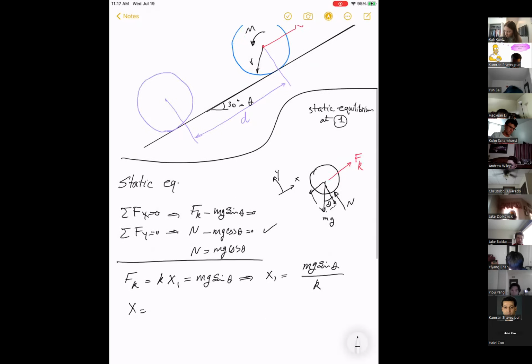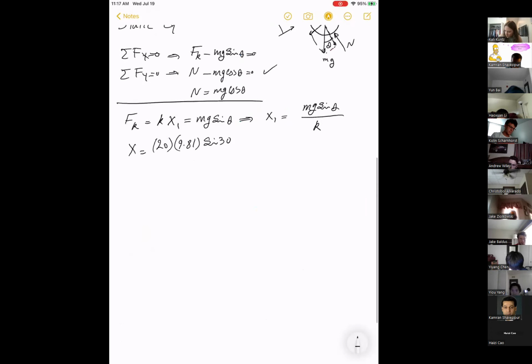Let's just calculate the number here. M is 20 kilogram, 9.81, sine 30, and your k is 150. How much is this number? 0.654 meter, right?